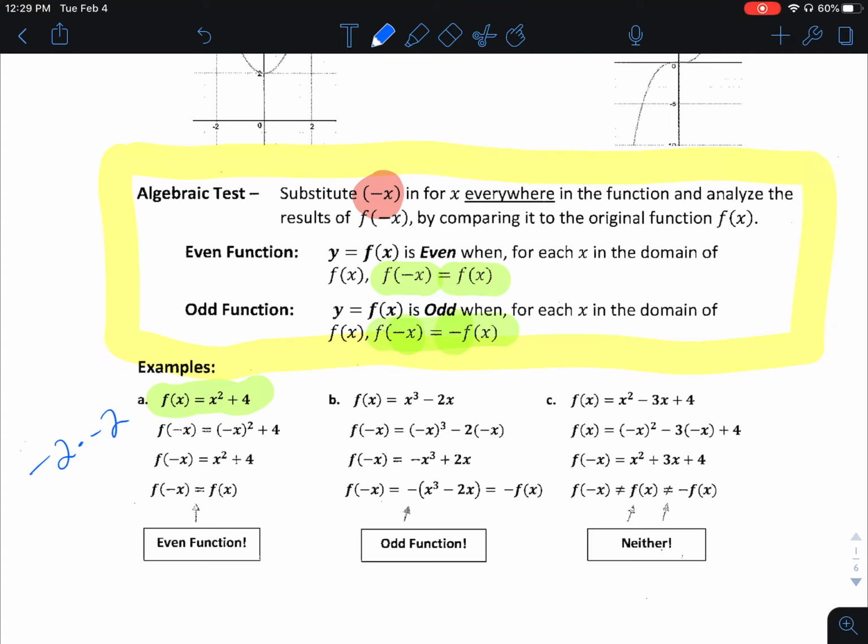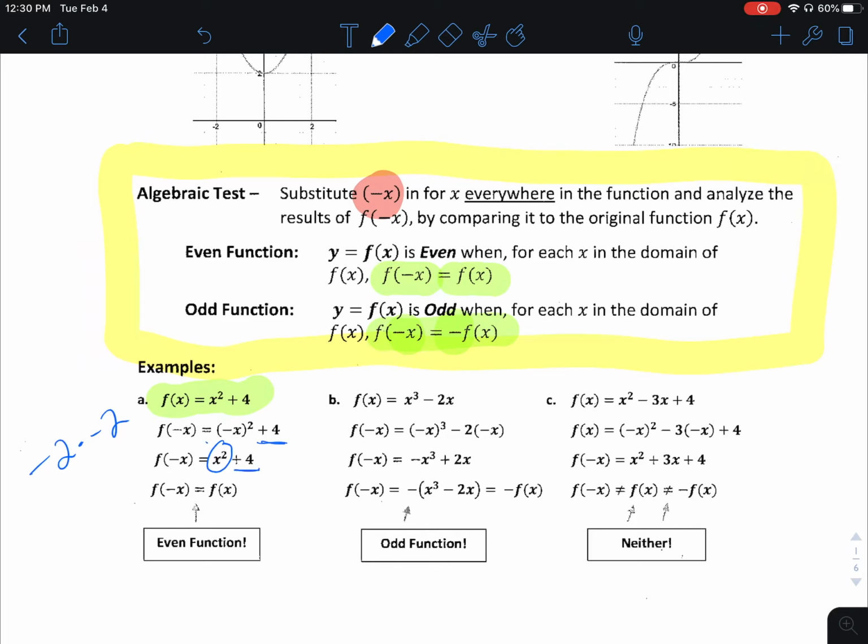Anytime you have a negative times a negative, it turns positive. So that's why this turned into just x squared. No matter what the number is, if I turn that number negative and then square it, it automatically gets rid of that negative. So that's why we're back to x squared.